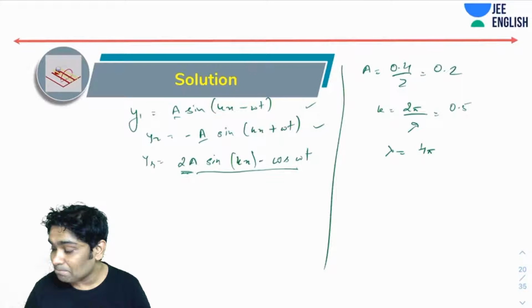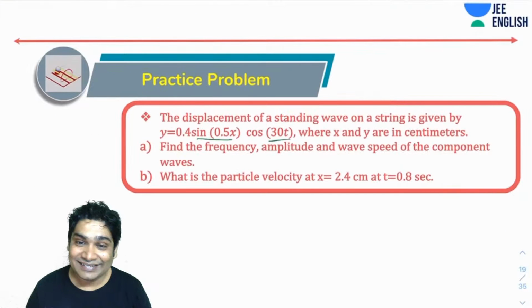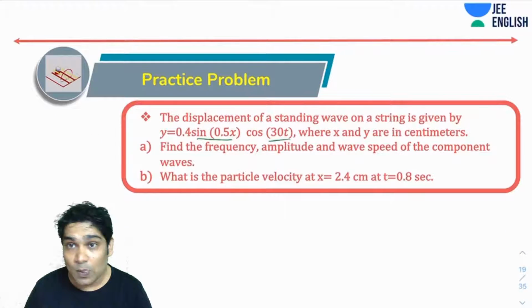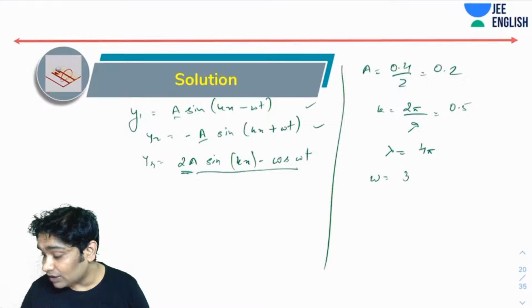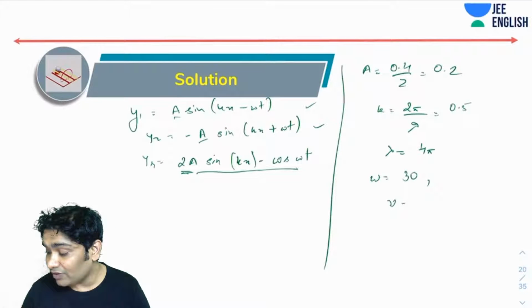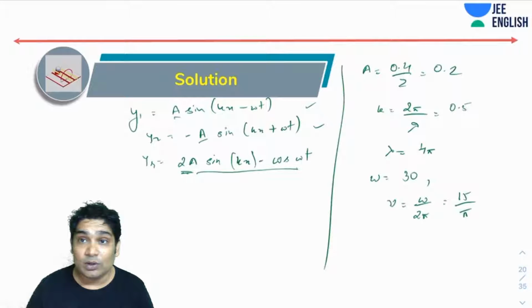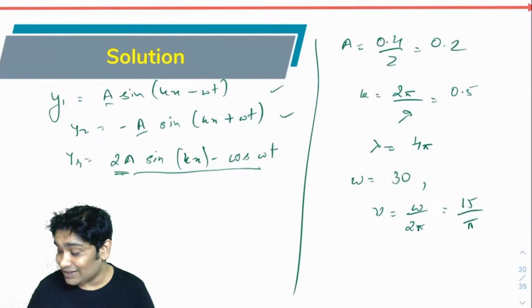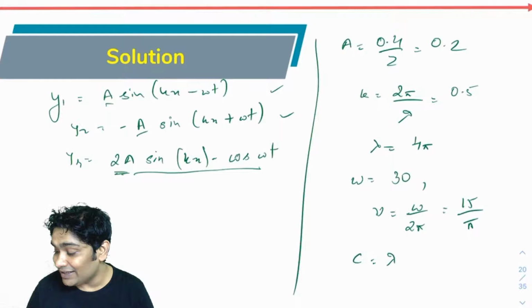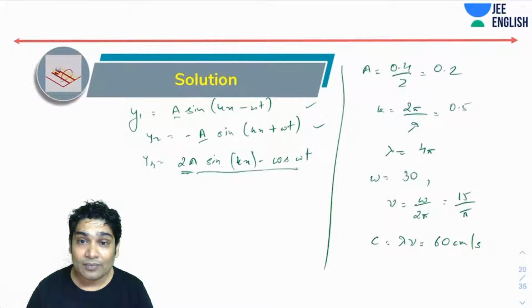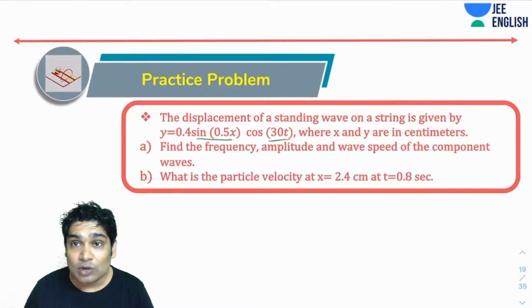Similarly omega, I know was 30. So the frequency would be omega over 2 pi, which is 15 over pi. Once I know the lambda and the frequency, c is also easy to calculate. c is nu times lambda. If I multiply these two, I get 60 centimeter per second. So I've got all the answers.